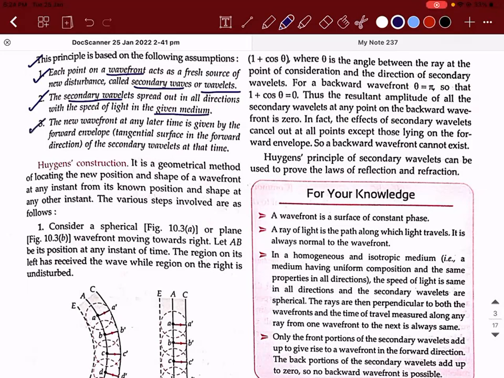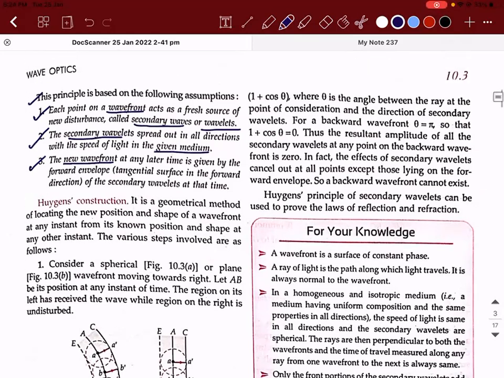And third, the new wavefront at any later time is given by the forward envelope of these secondary wavelets at that time. Let me explain each point. All these 3 points are very, very important.